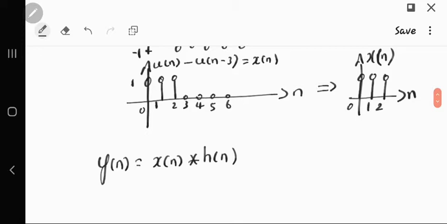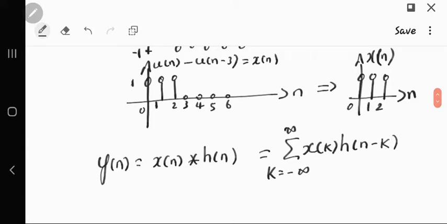I am repeating once again, in this summation, k equal to minus infinity to plus infinity, x of k h of n minus k, the one which is having h of n minus k will be the time shifting signal, and the other one will be the constant one.